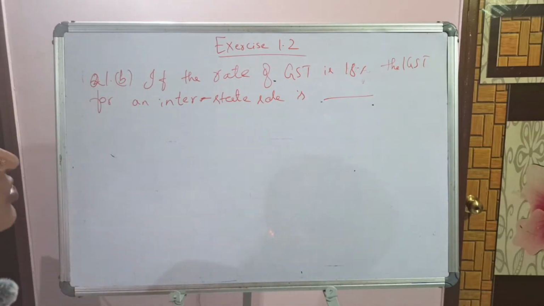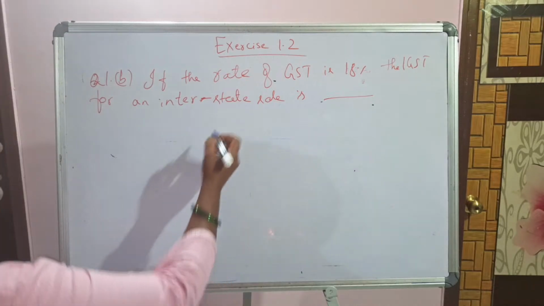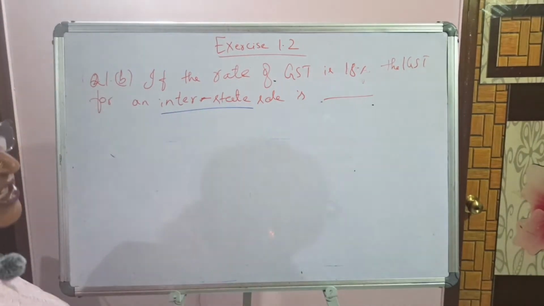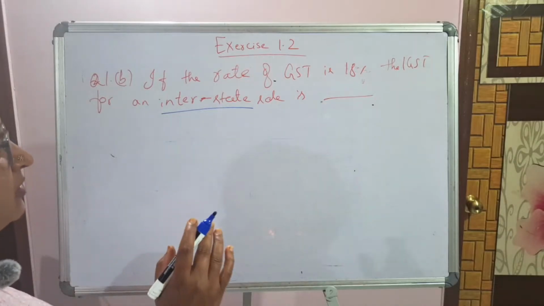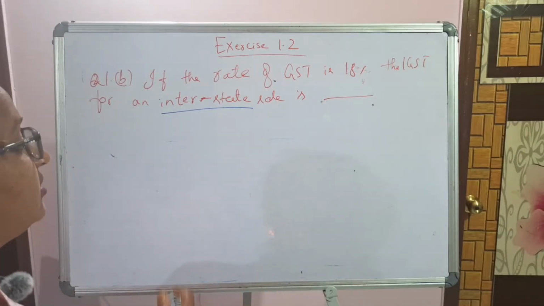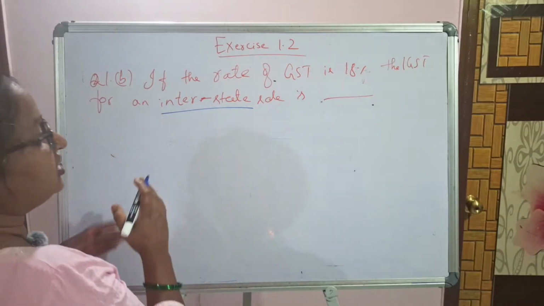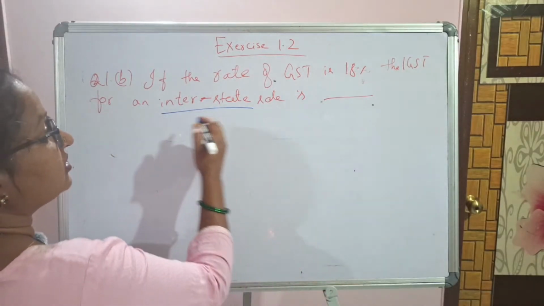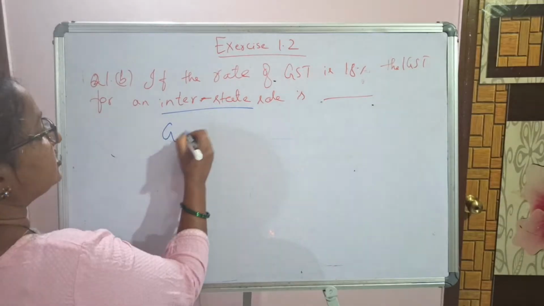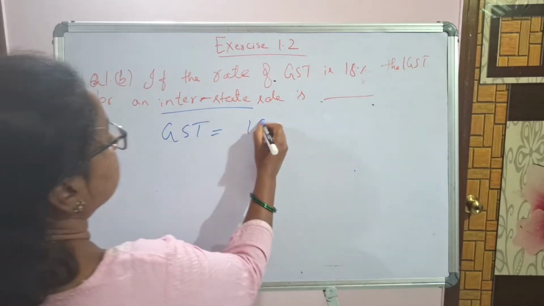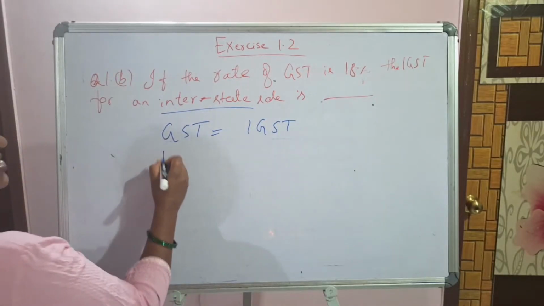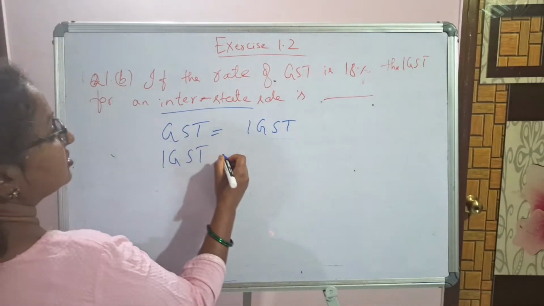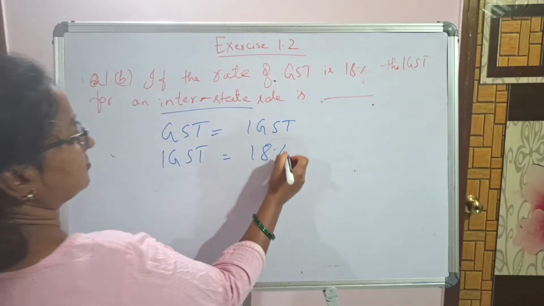We already know that an interstate transaction means the transaction is between different states. If the transaction is between different states, then GST is equal to IGST. So IGST is 18%.